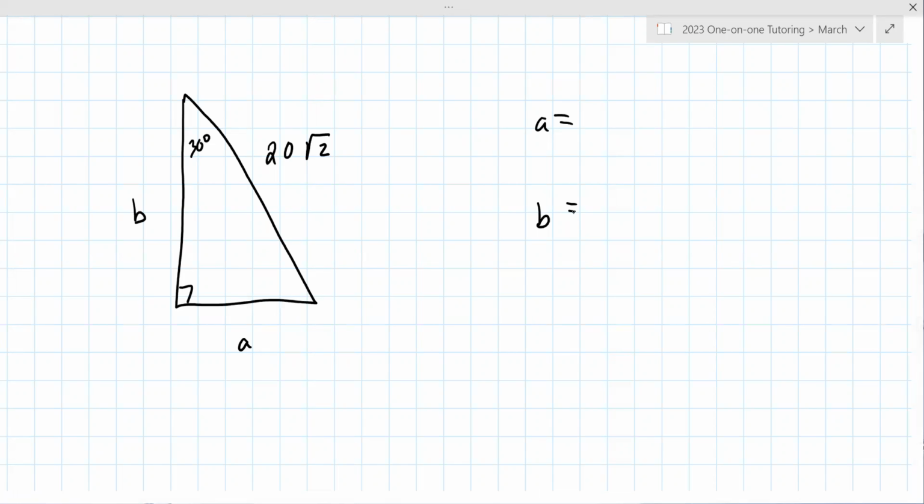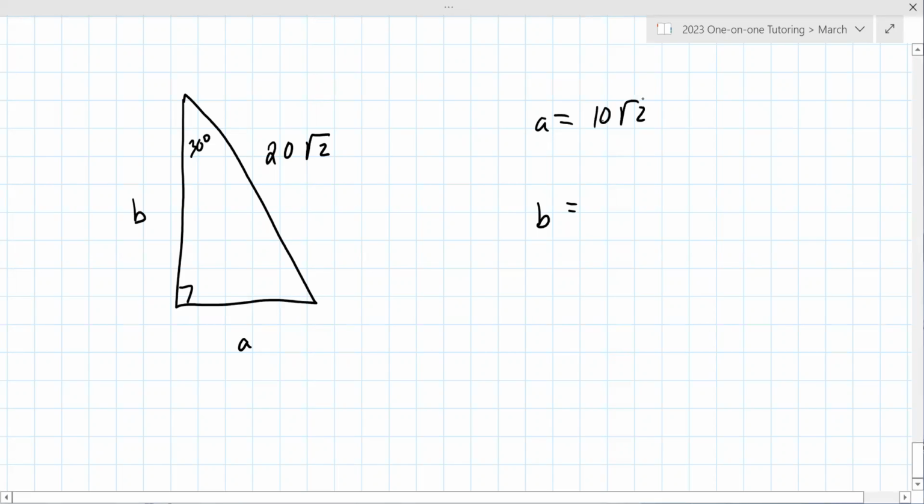A would have to be 10 square root 2. Okay, good. And then B, would that be 10 square root 2 square root 3?